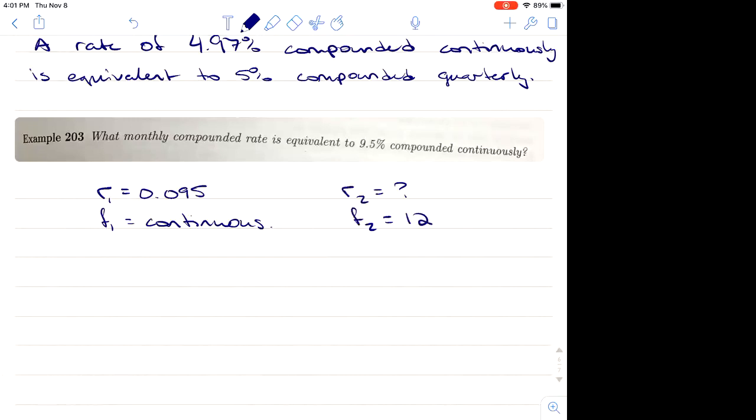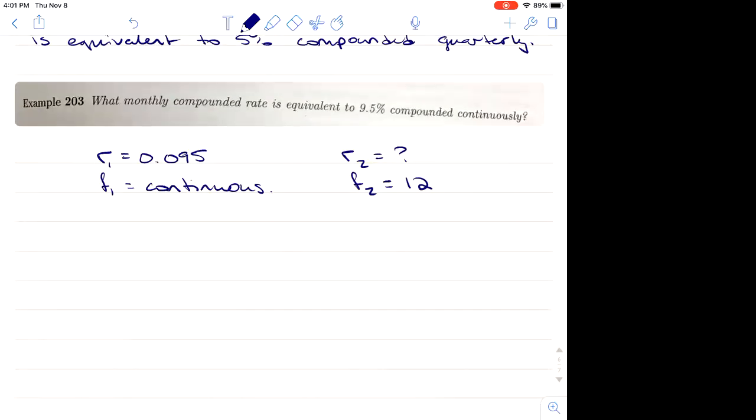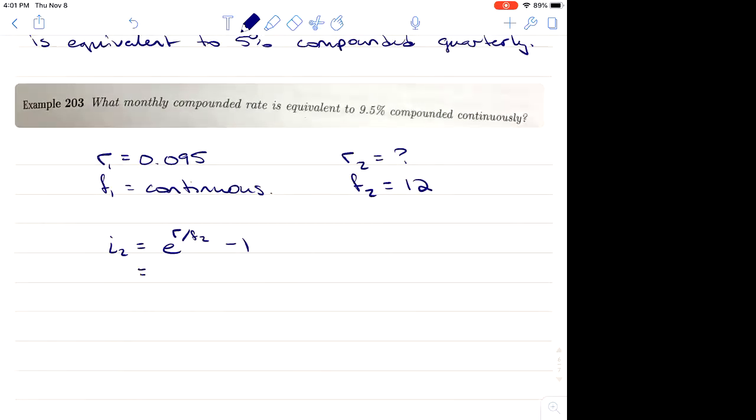So we're going to start by finding I2. So I2 from a continuous compound is e to the r over F2 minus 1. So we have e to the 0.095 over F2, which is 12, minus 1. 0.095 divided by 12, e to the power of that.